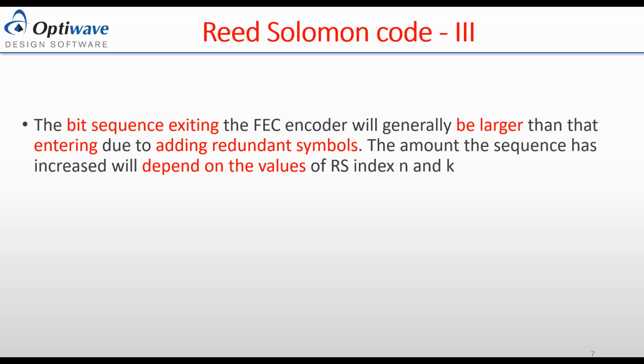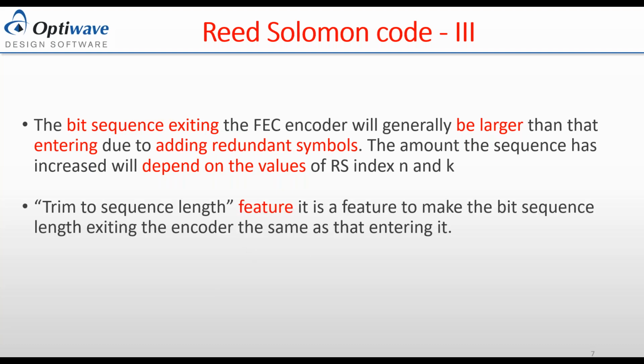So in the examples here, we have different types of Reed-Solomon codes, which is RS 255, 247, which we mentioned earlier. We call it RS4. There is another type, 255, 239, which is known as RS8. And there is also RS 255, 223, which is known as RS16. Now, in the component description, which we're going to show you later on, you can set this through the component properties of the FEC encoder and decoder.